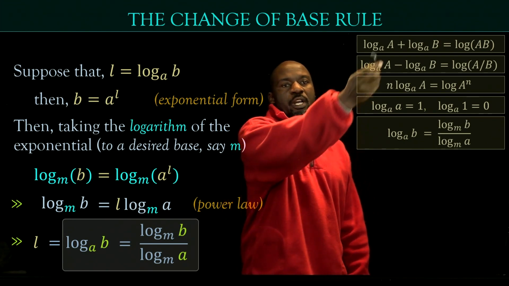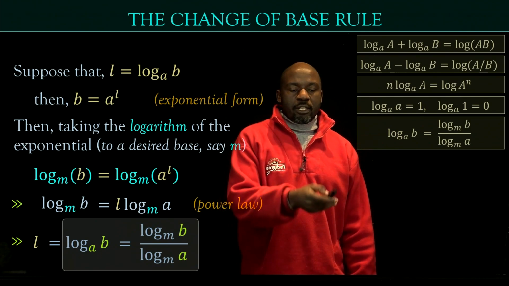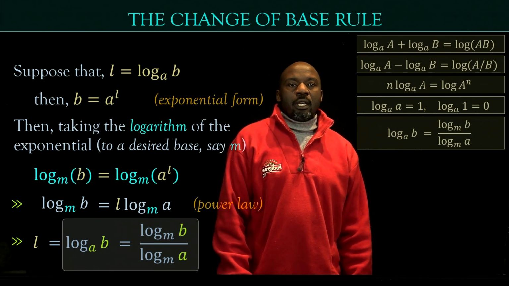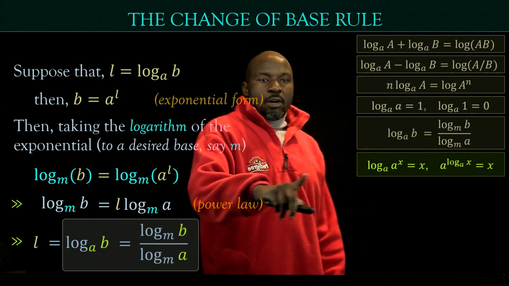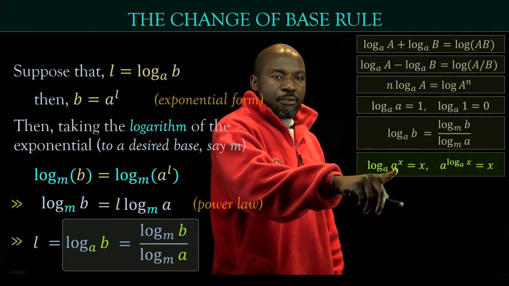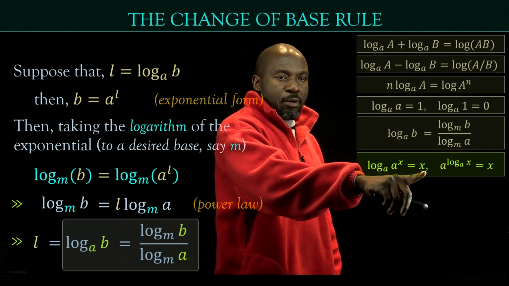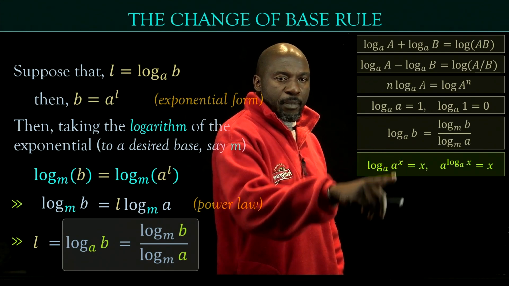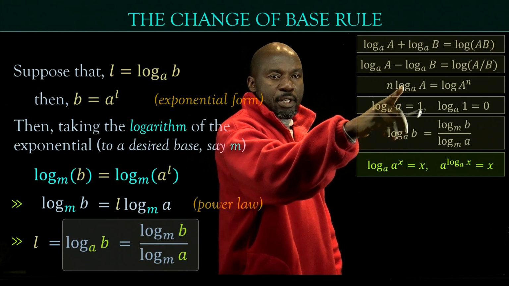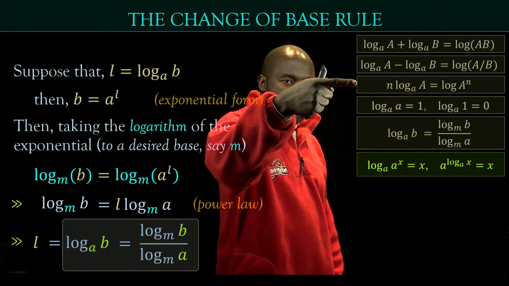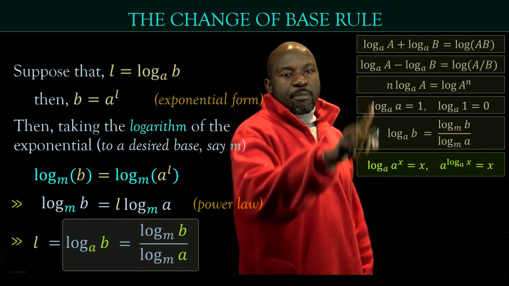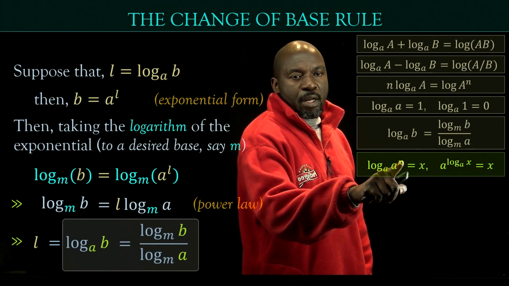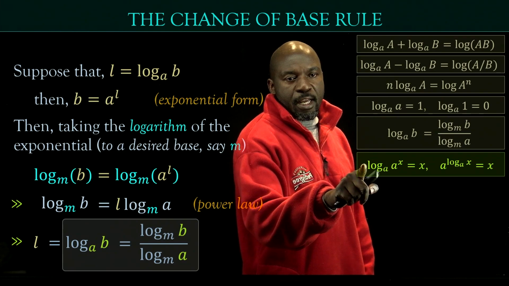But of course we can use these laws to show that this last law also holds true, and that is that the log to base a of a to the power x is actually equal to x. This is easy to see directly from law number 3. From law number 3 we can interchange this power and put it right next to it.